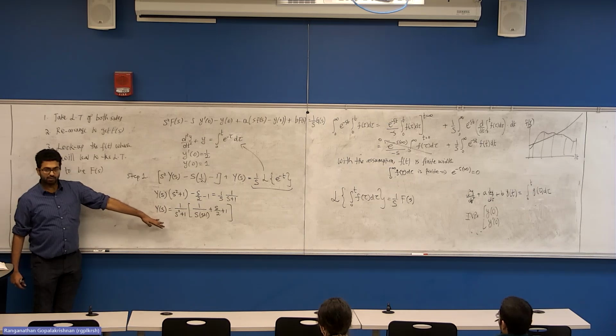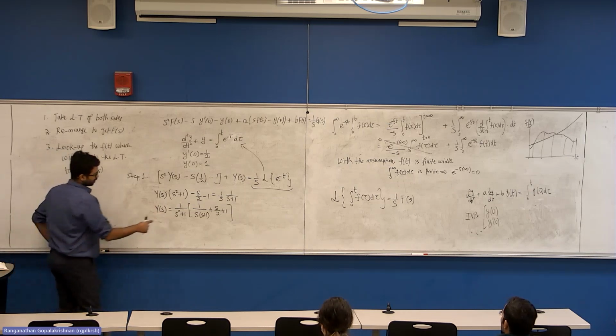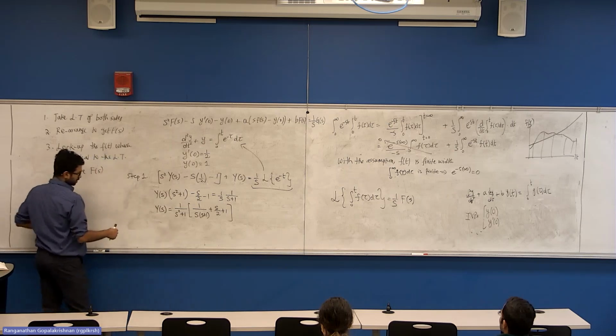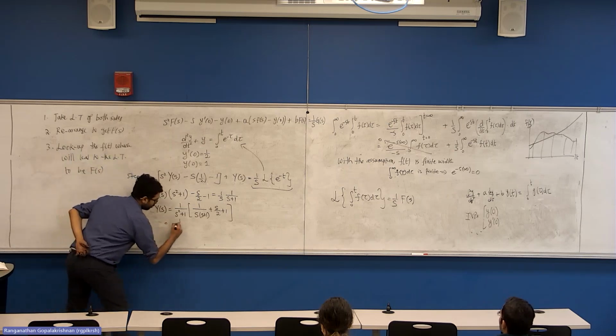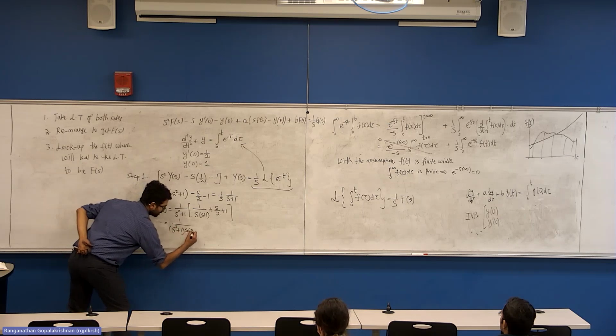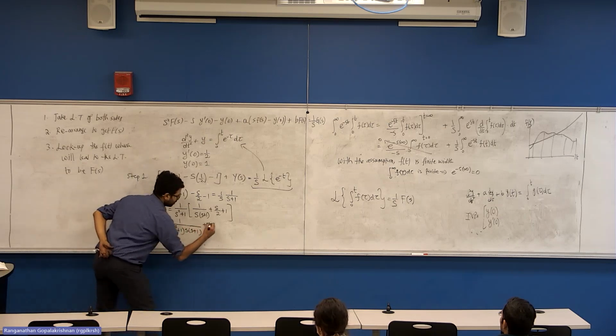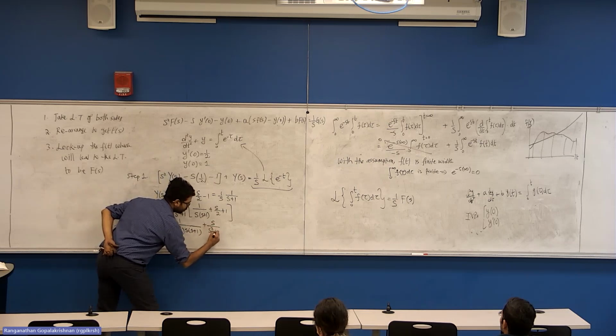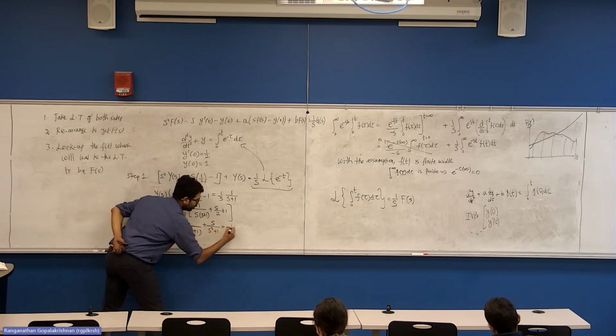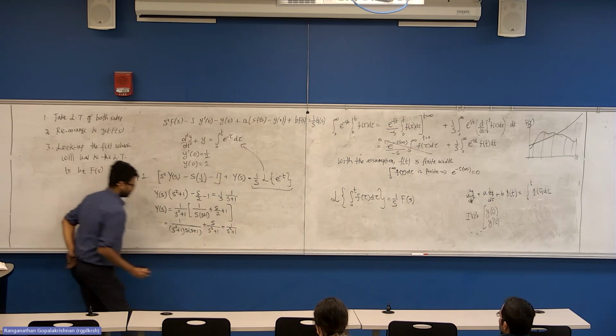Do you see where the problem is? So the first term is 1 over s squared plus 1 times s plus 1 times s, plus s over s squared plus 1, plus 1 over s squared plus 1.